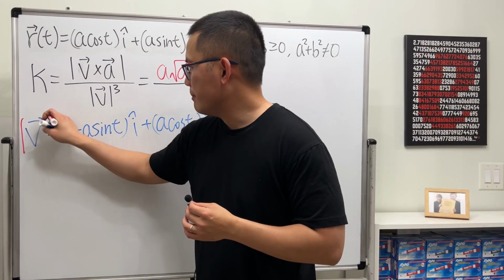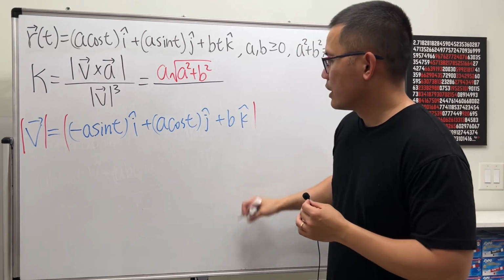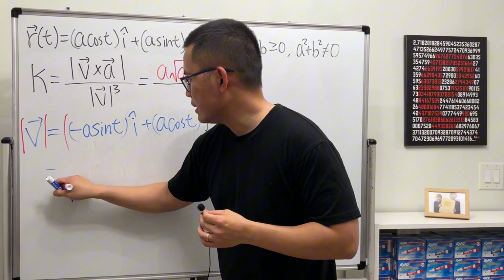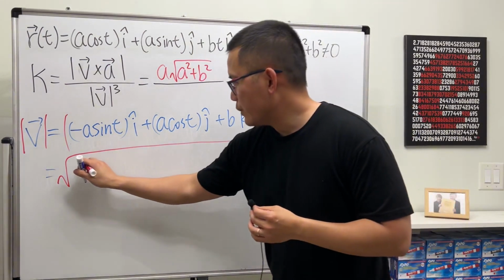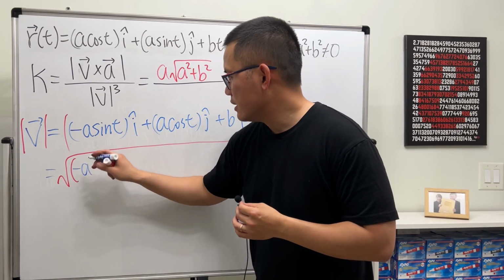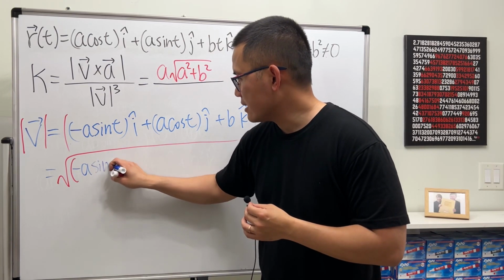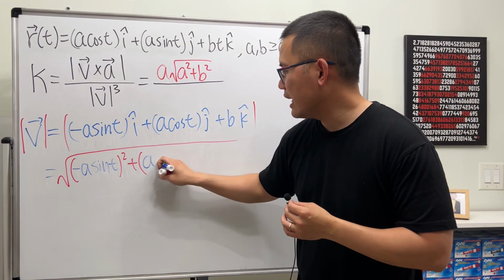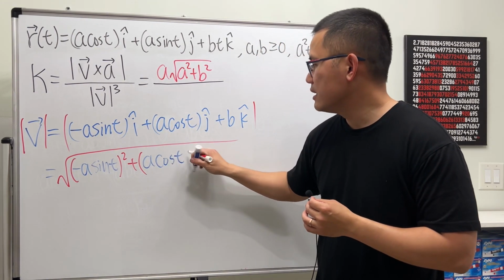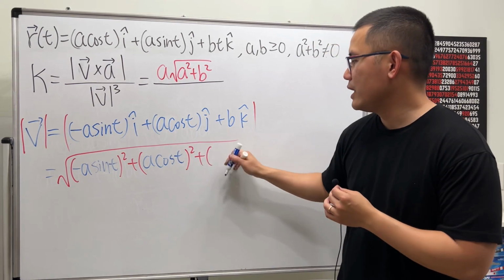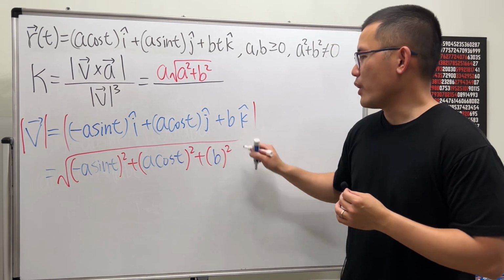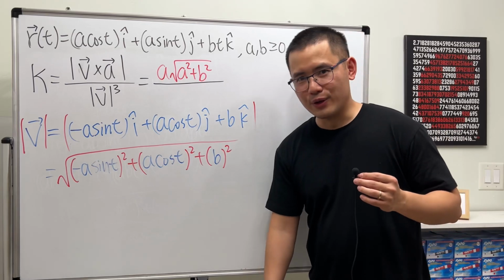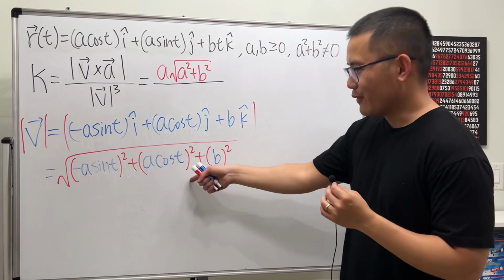Let's go ahead and take the magnitude of this, which we'll just have to do the square root, and then we are going to square each component. So negative a sine t, square that, and we add this, which is a cosine t squared, and then finally we add b squared. Are we going to see our good friend? You bet. Of course.